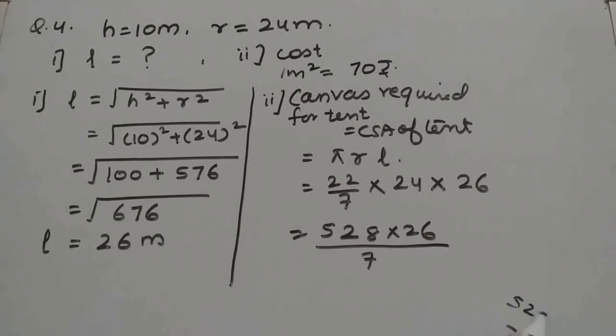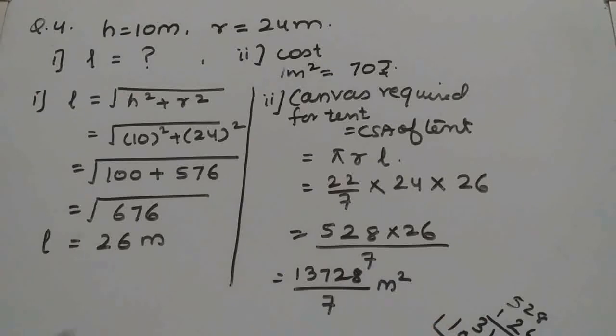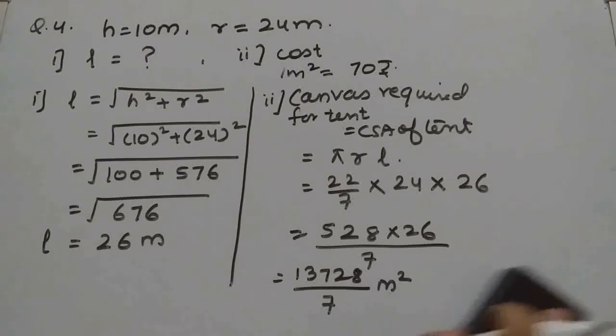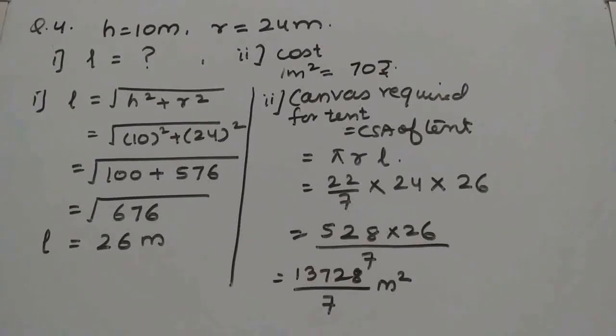So 528 with 26, 13728 divide by 7 meter square. Okay, this we can cancel also with 7. We will get in decimal.